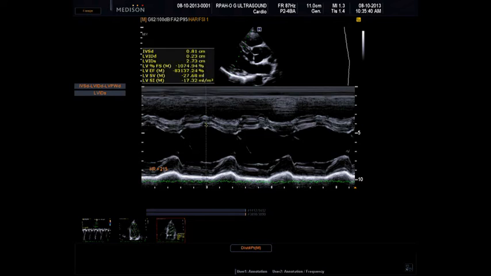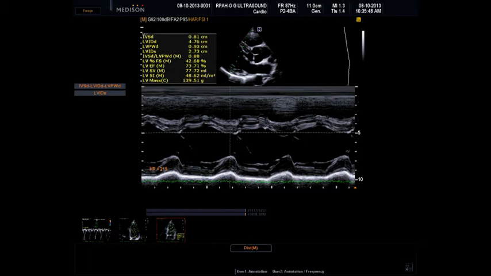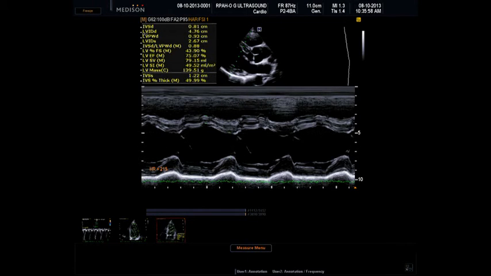This is the cavity of the left ventricle, and then we measure the posterior wall in diastole, and then we come and measure it in systole, and we can then measure how much that septum thickens up, and we can measure the posterior wall.